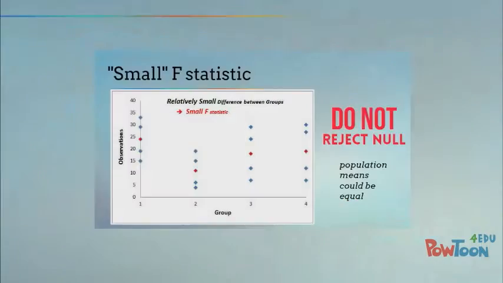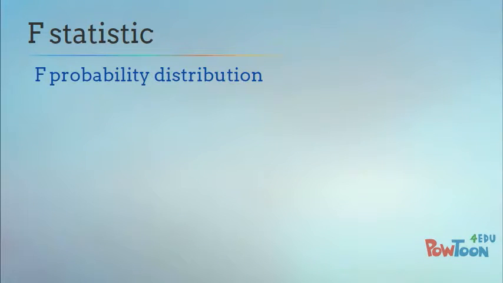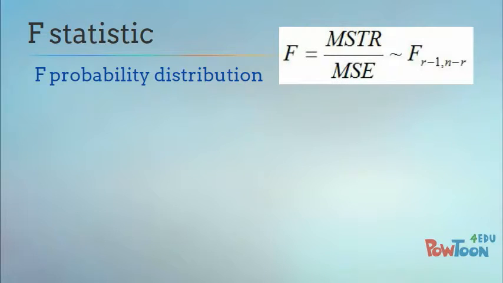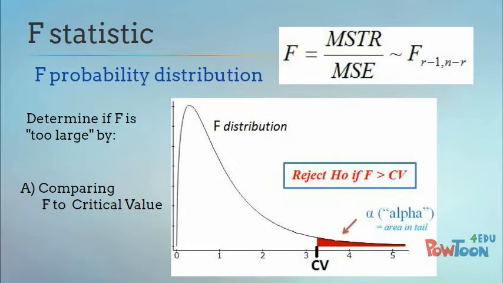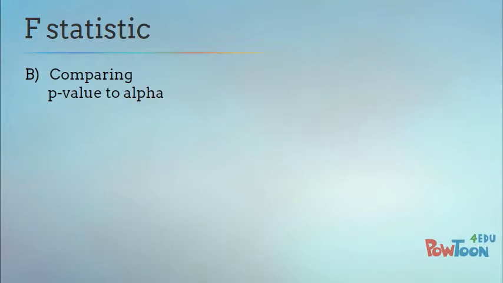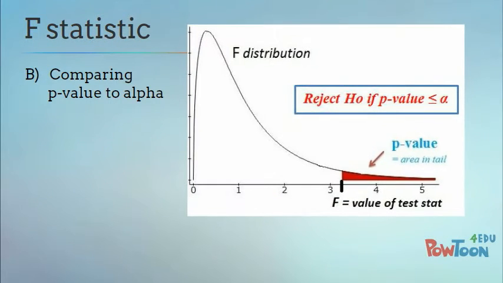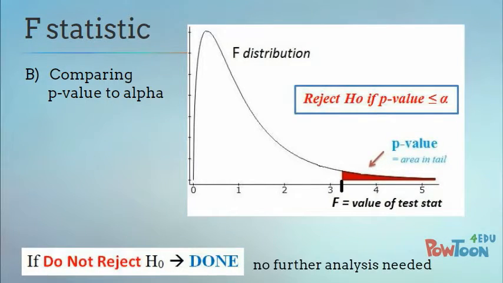The F statistic follows an F distribution with r minus 1 and n minus r degrees of freedom, so we can determine if the F statistic is too large by either comparing the F statistic to a critical value associated with the significance level and rejecting the null if the F statistic is larger than the critical value, or by comparing the p-value for the F statistic to the significance level and rejecting the null if the p-value is less than alpha. Assuming the null is not rejected, no further analysis is needed.